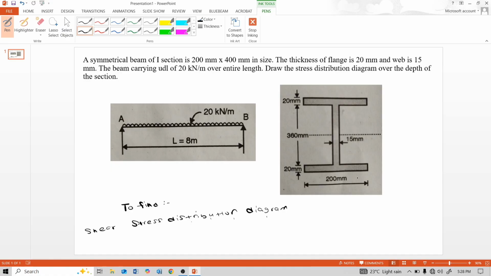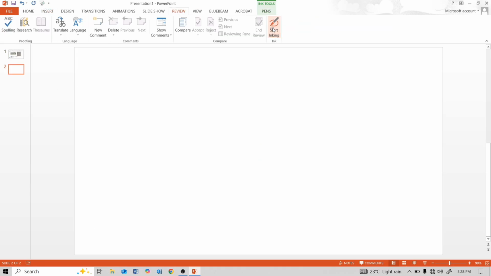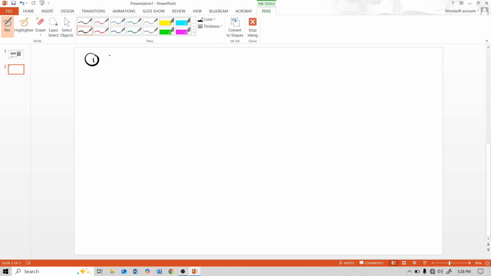So, for solving this numerical, the first step is to find the position of neutral axis, denoted as y bar or y.